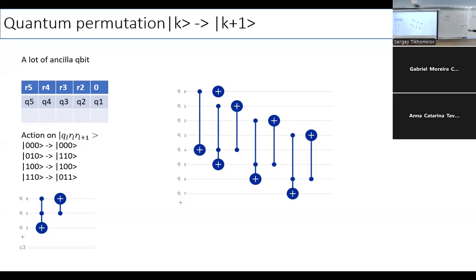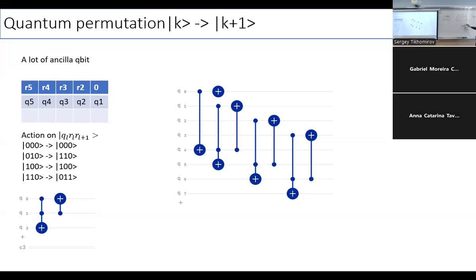So what should be here as an output? Yes, there should be not of Q0. This is this guy. What should be here?